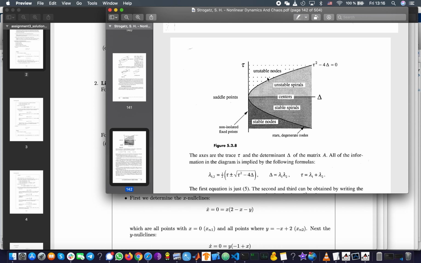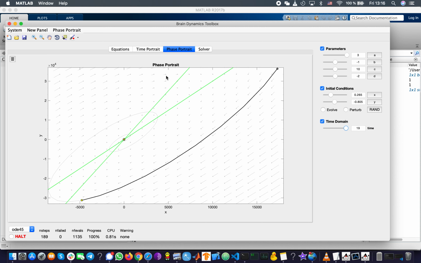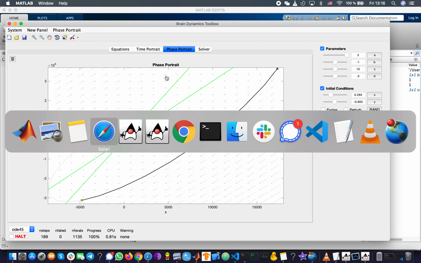And out of this curve you will have unstable nodes or stable nodes, which just come from the decay or growth. Why here?